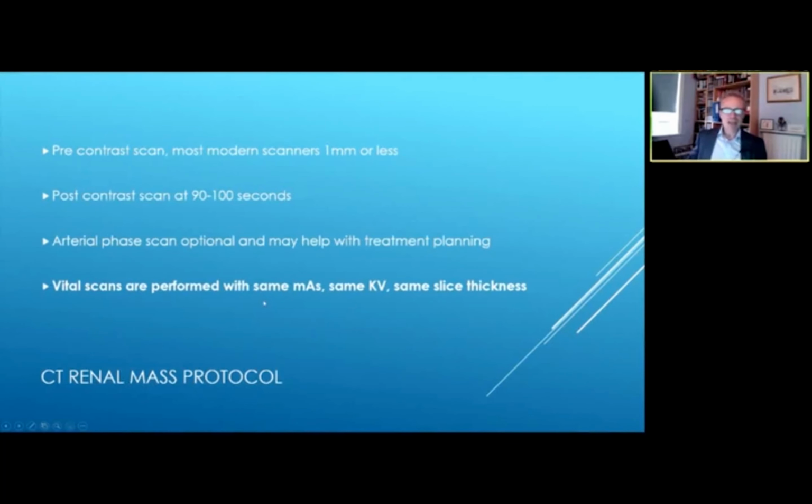The reason being is a pre-contrast scan is often done as a CT KUB in some centres. This will be with a low kV and a low mAs. That is not directly comparable with the post-contrast scan when you're measuring enhancement in Hounsfield units. Some masses will obviously enhance, but when it's a borderline enhancement and the scan parameters are different between the pre and the post, you cannot analyse it properly.